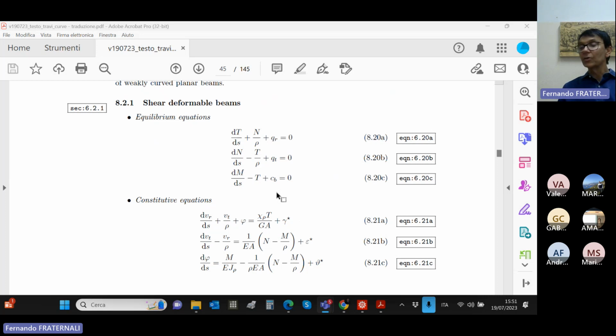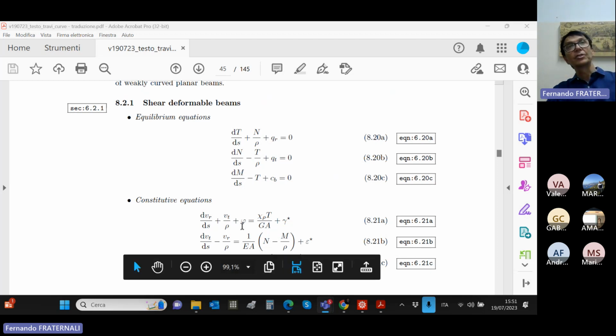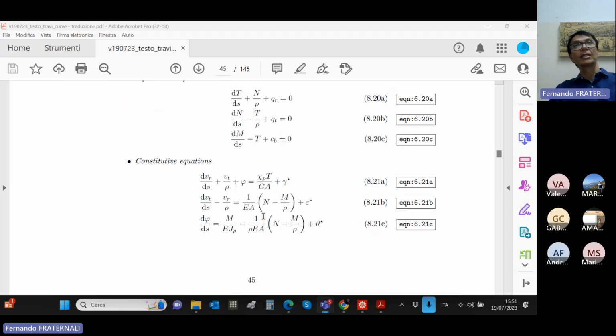So if we add these eigen strains, we can write the combination of the compatibility equations and the constitutive equations this way. This is the total strain, which is the total shear strain, the total axial strain, the total bending strain, which is equal to a part that is constitutive, the elastic part, plus additional terms that are these eigen strains associated with hygrothermal effects that one may want to account for.